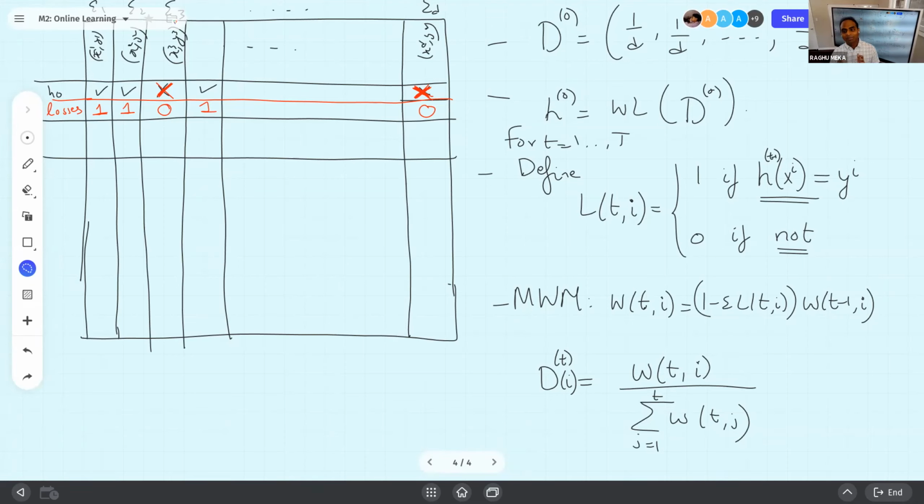The powerful aspect of this is that once you set up this connection between learning with experts and boosting, maybe 5 years down the line, you come up with some other algorithm for learning with experts. Maybe not multiplicative weights, but something else. You can use that for boosting just by this translation.